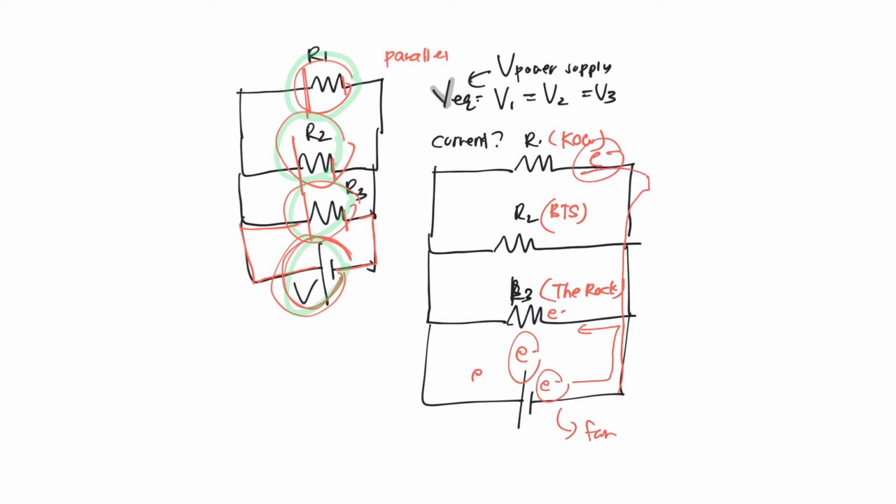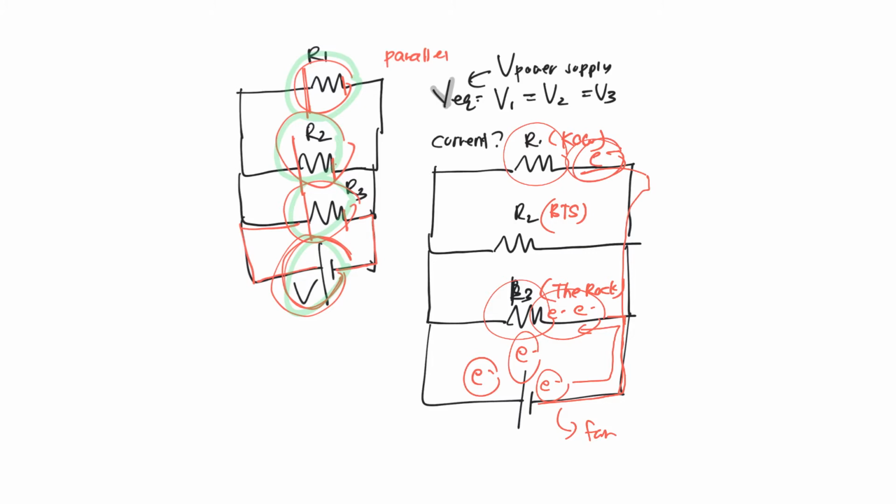What about the third fan? Maybe the third fan or electron is going to attach to The Rock. So as you can see, a different amount of charge flows to each resistor, and that's the reason why there will be a different value of current flow for each resistor in a parallel arrangement.